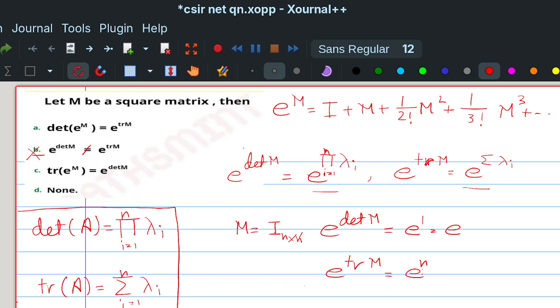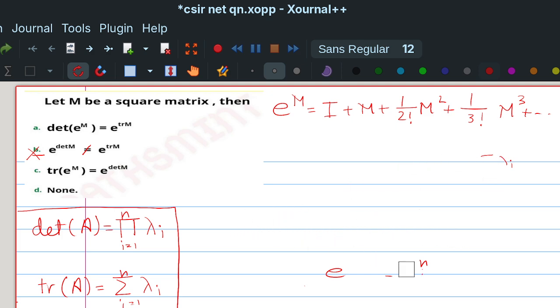Now let's go to option C. So trace of e to the power M. We can take another counterexample for this.